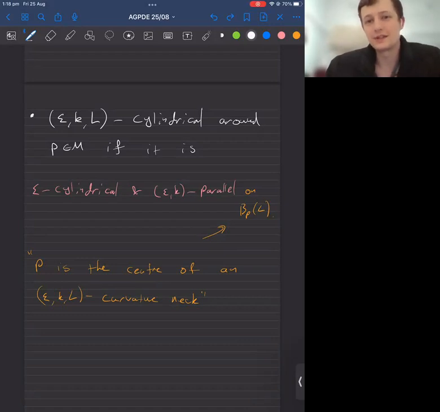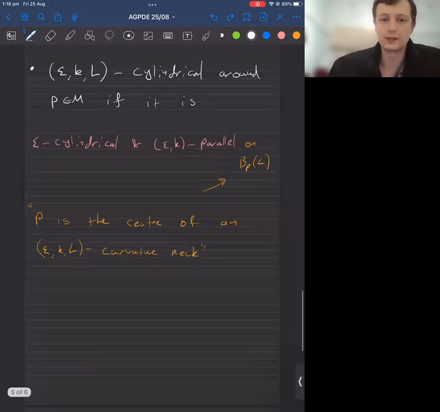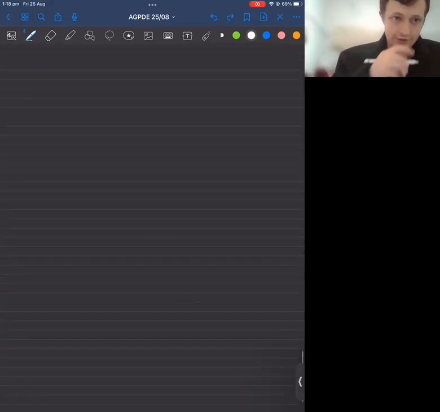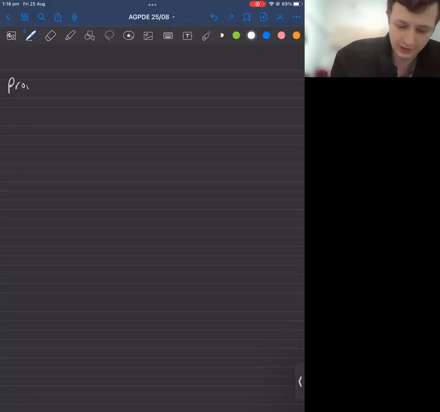And basically the obvious thing is going to happen. It's going to be parameterized by a sphere. So you're going to have it written as a graph over the sphere, and the function that you write it as a graph of is going to be very small in the C^k norm, right? So let's just write that out properly. So this is proposition 3.4 in the paper.